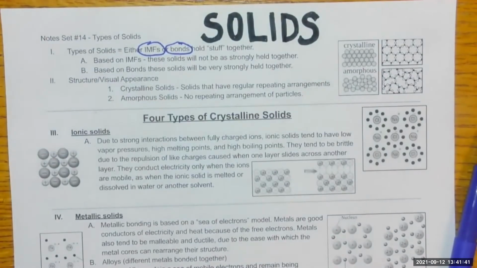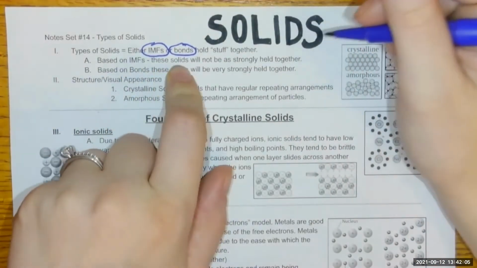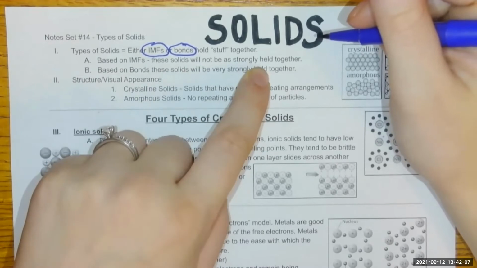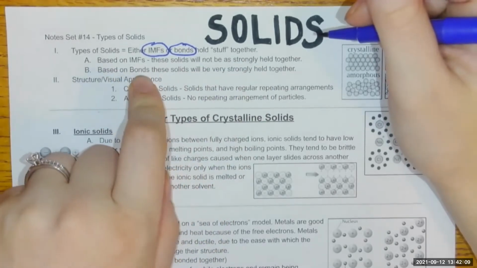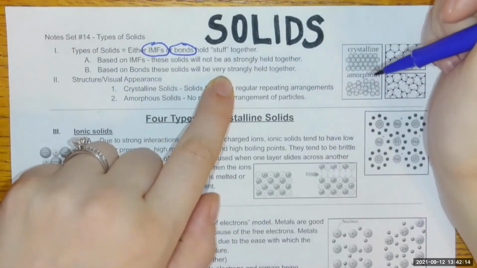Remember, this is what we were talking about between Red Rover, and it's the difference between holding hands. That's like an IMF. It's pretty easy to overpower it. But a chemical bond is like how your arm is attached to you, and that's way more energy to get that to separate. So IMFs, these solids will not be as strongly held together. If your solid is being held together by bonds, those will be very strongly held together.